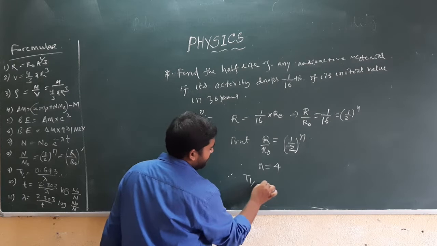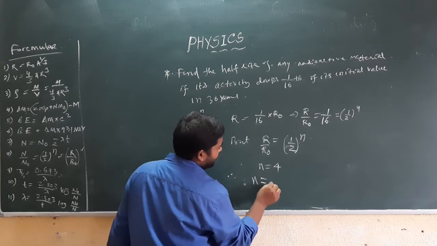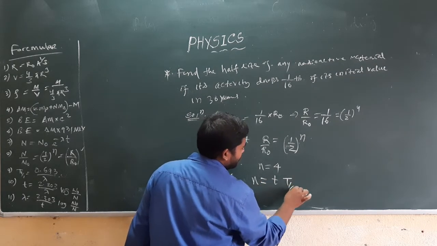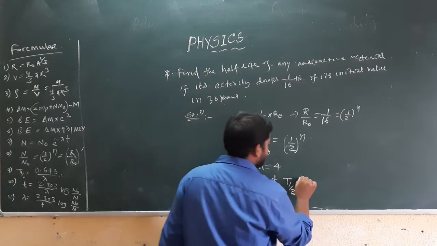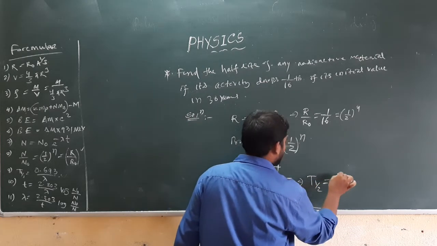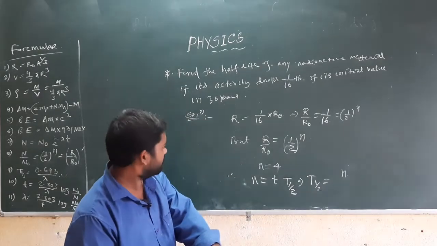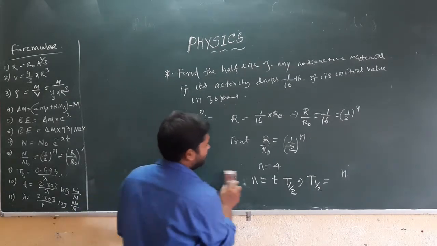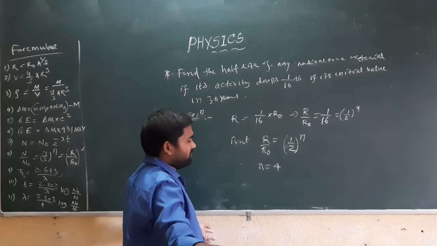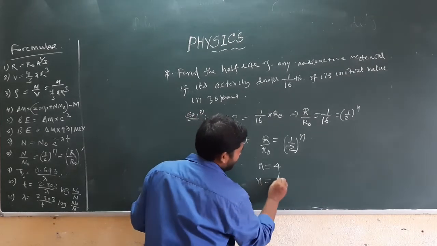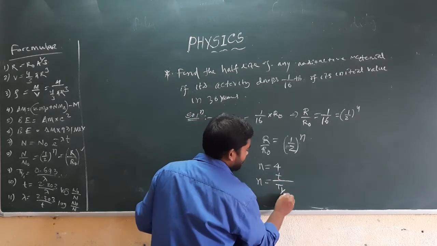The number of half lives, small n, equals small t by T half.